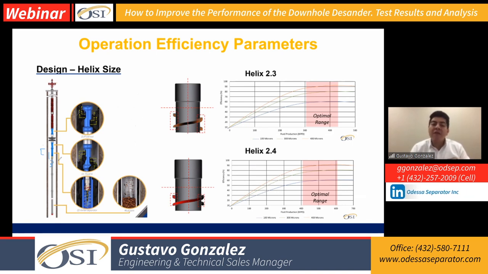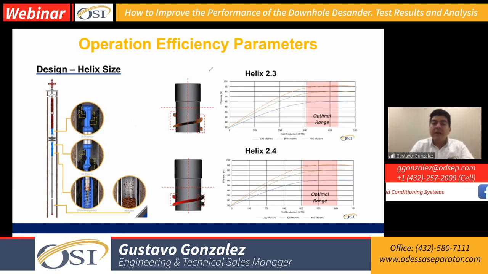But what we need to have in mind is that every single time the sand is passing through the wall of the system, it's going to start deteriorating some of the material. That's why the chamber or the housing where the helix is located is a high abrasion resistant system, to be able to handle that volume and that centrifugal force. Let me clean this out and we go to the next one.